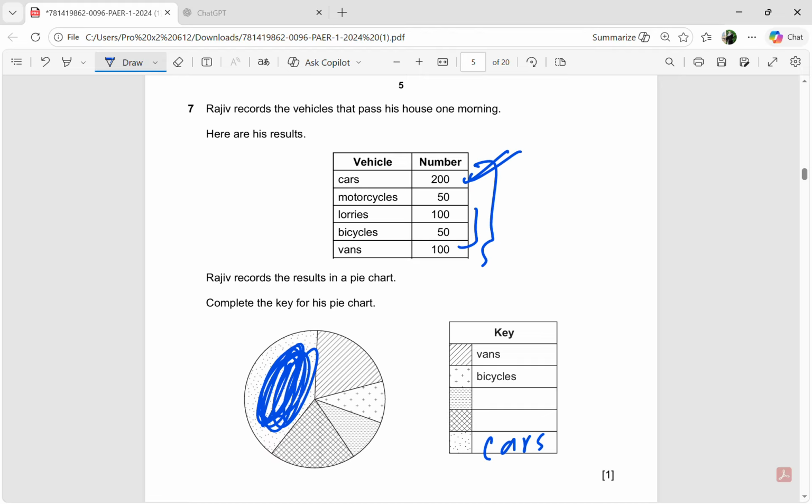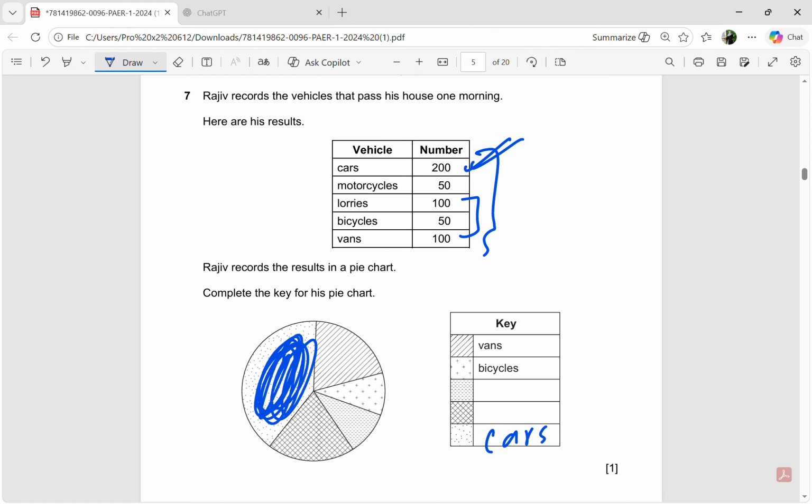Then we have these two which are matching, 100 and 100, and these ones are also 50 and 50. So we can say this and this do match. If we have this as bicycles, and bicycles are 50, then motorcycles would also be 50. So these are motorcycles and the remaining are lorries, since lorries match the vans.